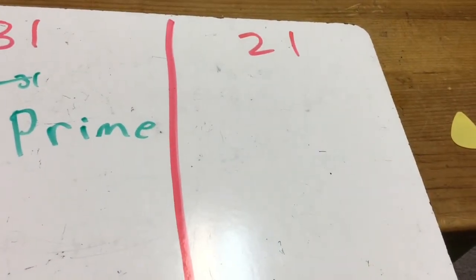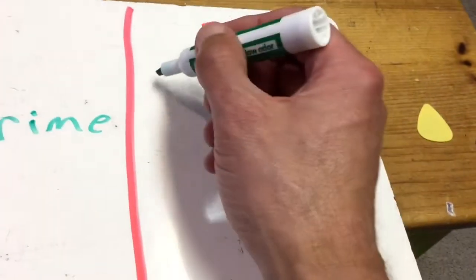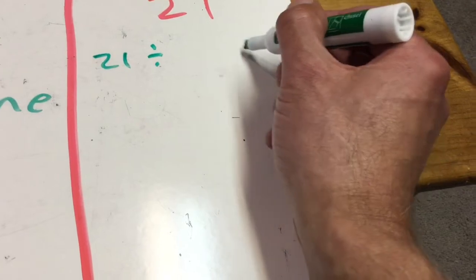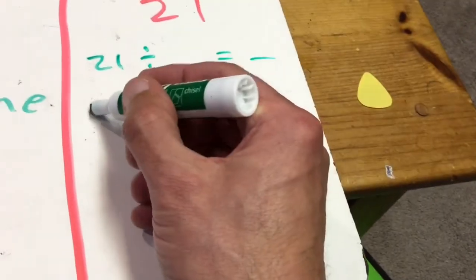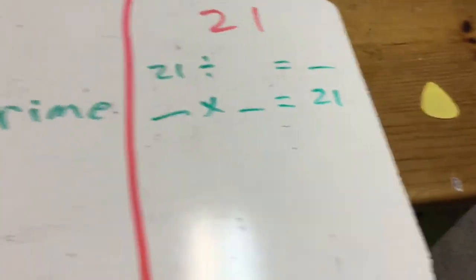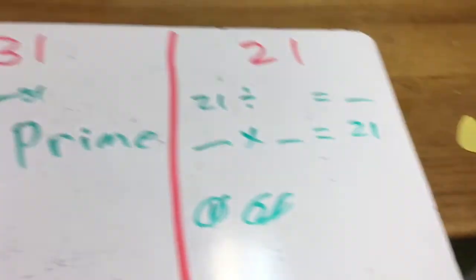21. Okay, it's an odd number, but can I divide 21 by something and get an equal amount? Or is some number times some number 21? But it can't be 1 or 21.